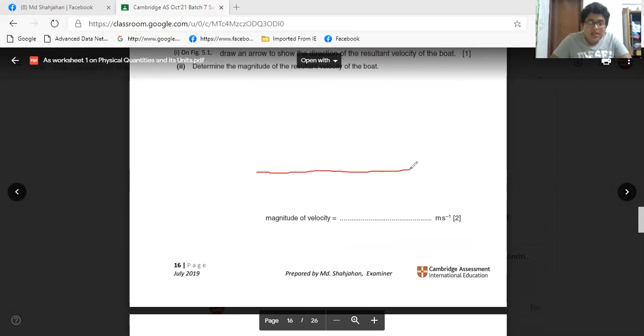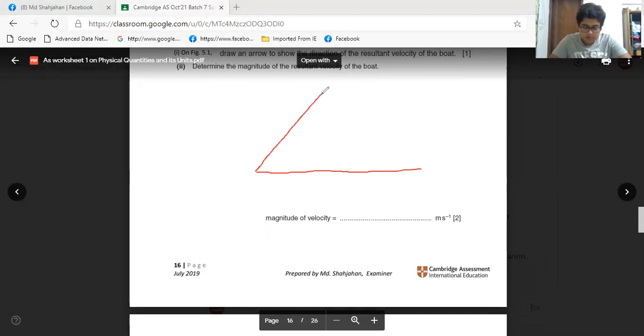Sir, do we need a ruler and protractor for the other two? Yes, we need ruler and protractor. You should have a ruler; a ruler is always needed, not only for this topic but for your life. Absolutely, sir. So you should always have it beside you.